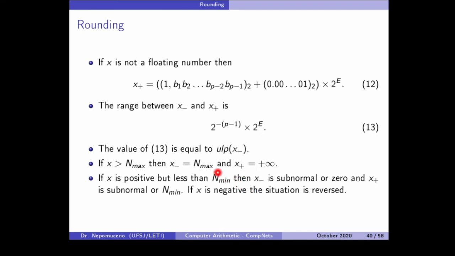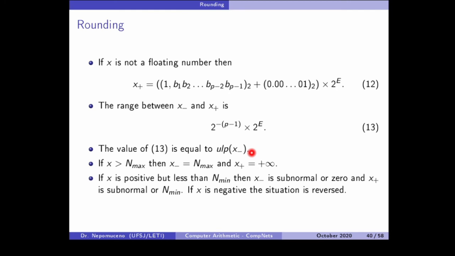If x is not a floating number, then x plus, if you put like that, you are going to put just the ULP here, so you are going to reproduce this distance. So the range between x minus and x plus is this equation 13. The value of 13 is equal to ULP of x minus.